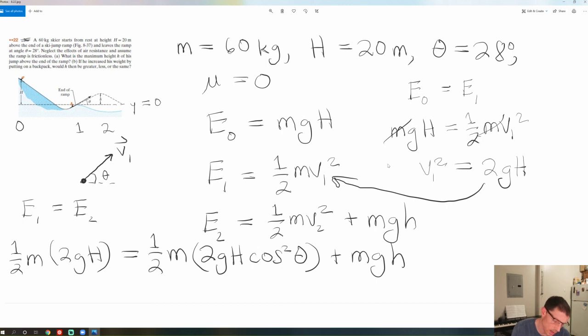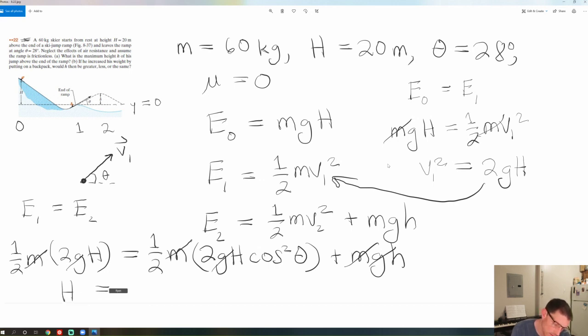Remember that this right here, the very bottom equation, is just E1 equals E2. And so we can get rid of that. Interestingly enough, we can actually get rid of g as well, right? Which is kind of strange, but cool. And so if we clean this up, I'm kind of rushing now, so double check my algebra here. But the approach here is good. This is what we wanted to do. On the left, this just simplifies to big H, right?